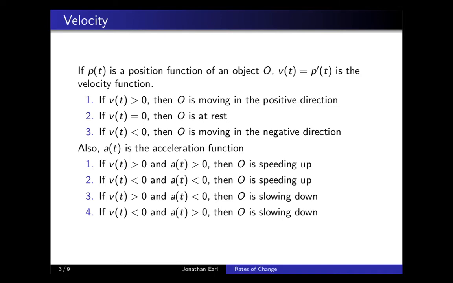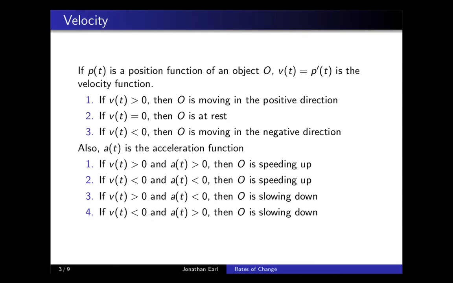Okay, so if at some point the velocity is positive, that says that instantaneously your object is going to be moving to the right, so moving in the positive direction. If you have a point where the velocity is 0, that means it's neither moving to the left nor to the right at that instant. So at that time instant, it's at rest.